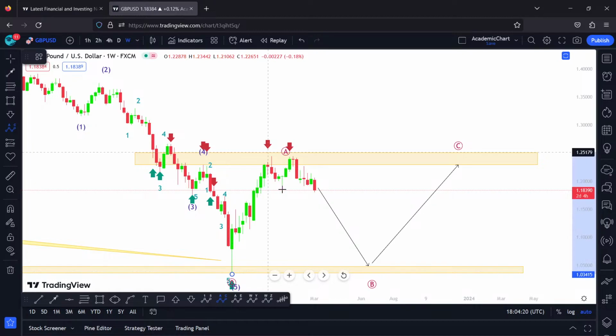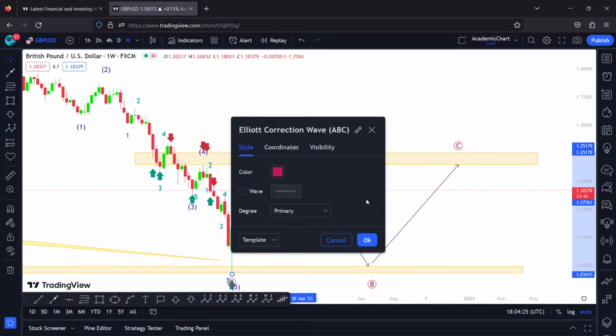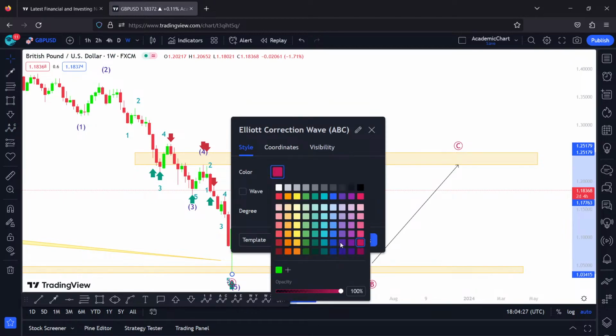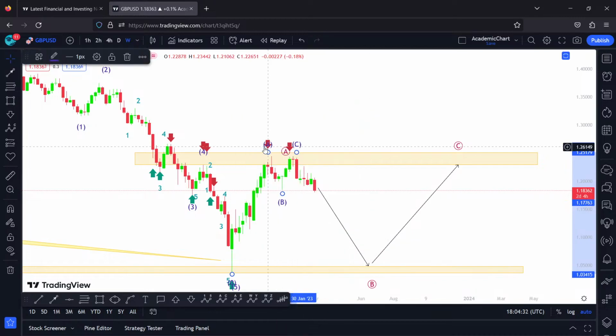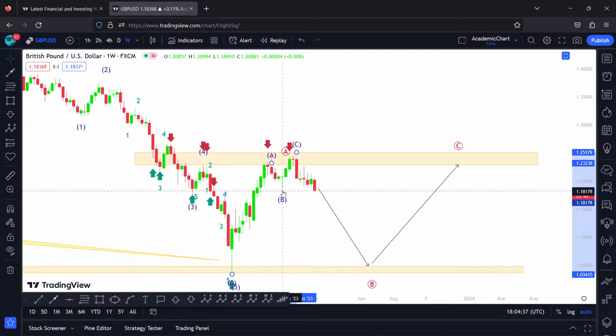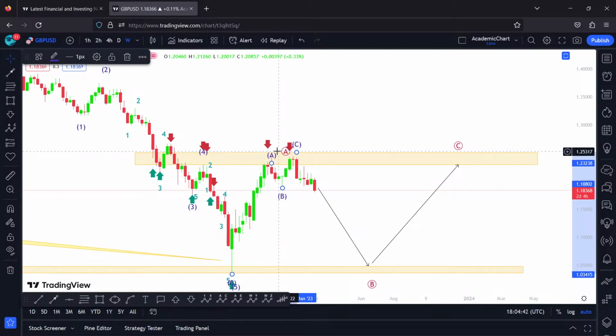This previous ABC, let me return it back to my original purple color, and it is our intermediate. So this ABC is completely valid still, but this is part of the A wave, because flats are still ABC primary waves, but it is not like a zigzag.